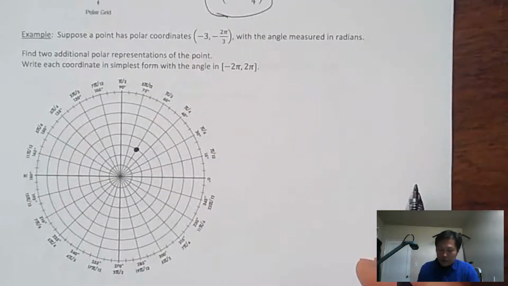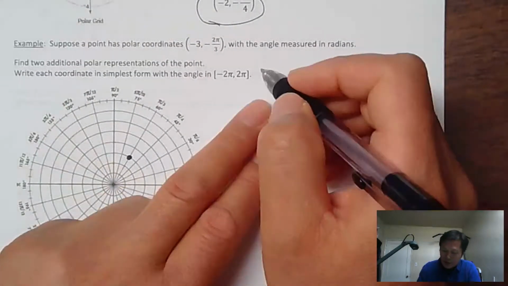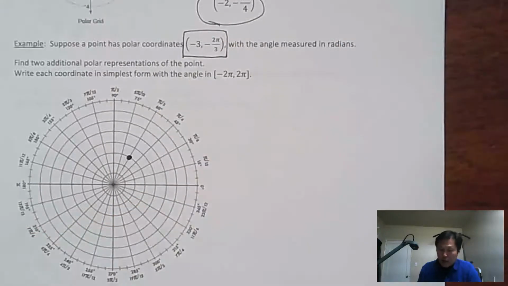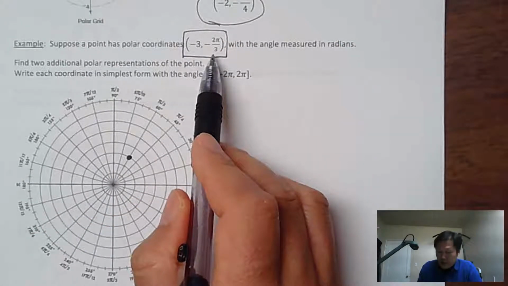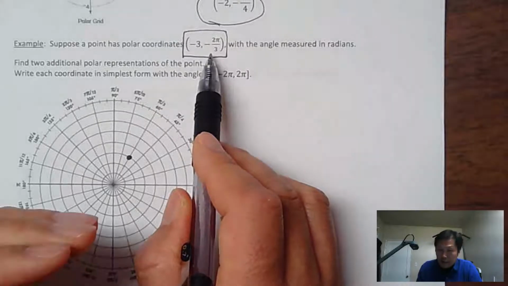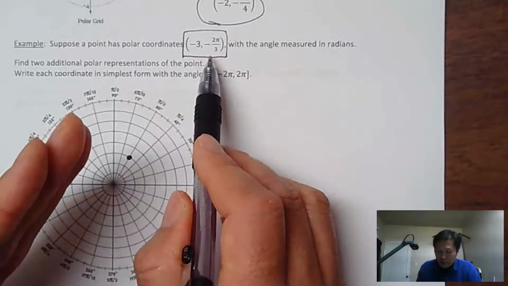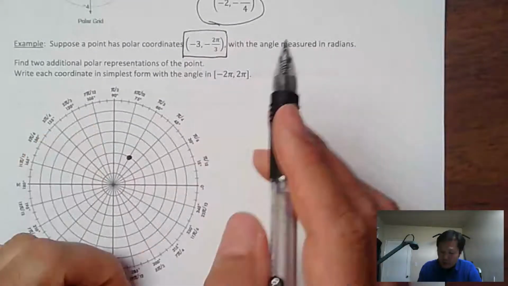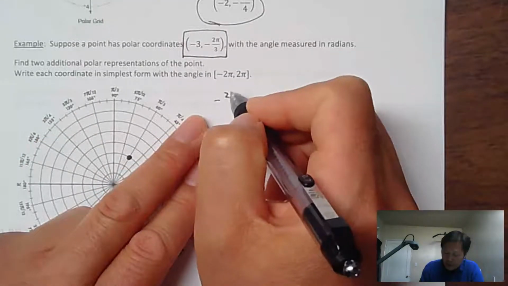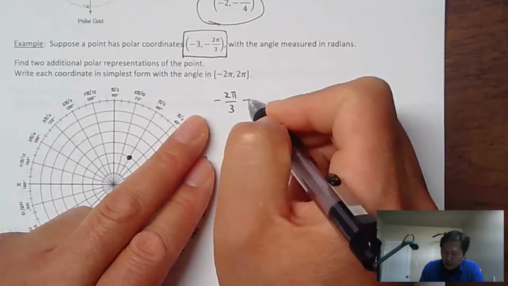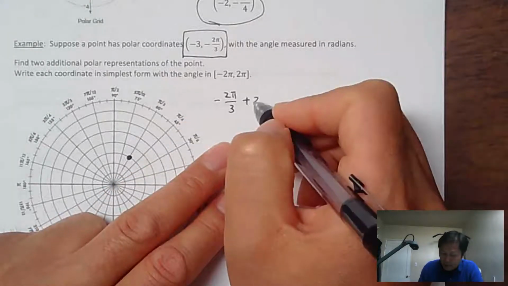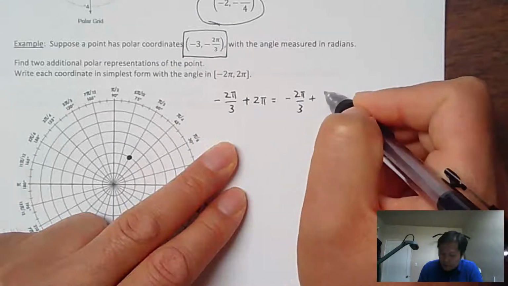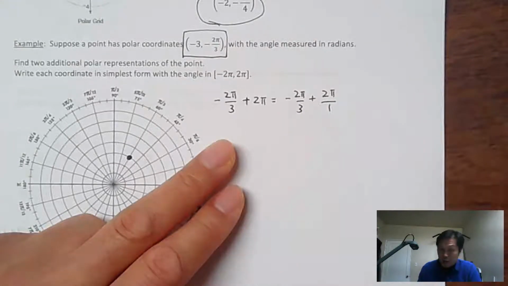So all you have to do here is, starting from the original polar coordinate, you're just playing with the angle. You can add 360 degrees to the angle. 360 degrees is 2 pi in radians. So all you have to do is take minus 2 pi over 3 and add 360 degrees, which is 2 pi.